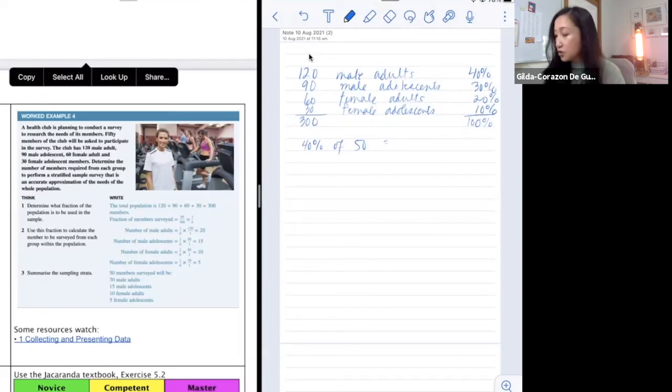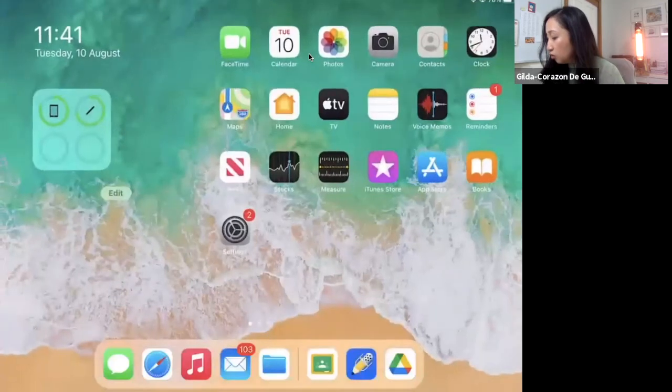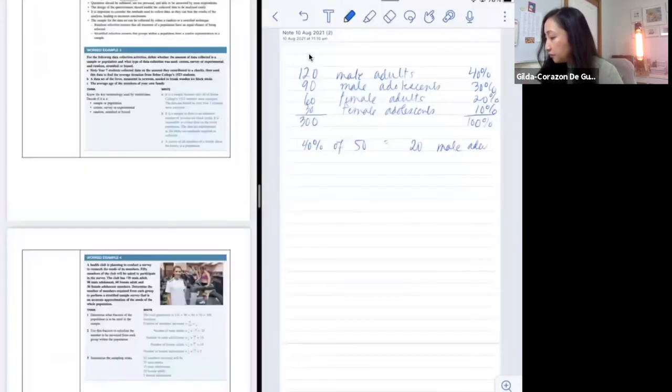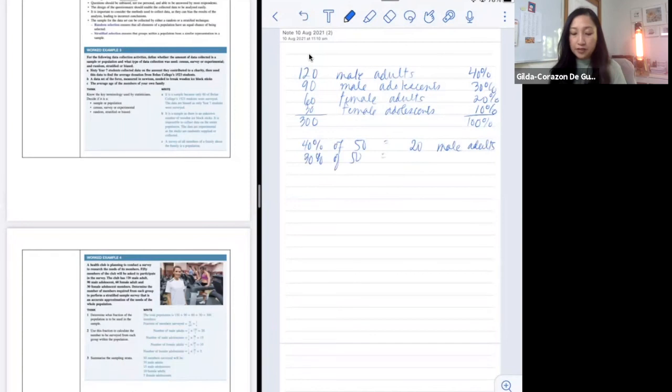That's 20 male adults. And then the next one would be 30% of 50. You go 50 times 0.3, you get 15. Then you want adolescent males here. So you want to get 15 of your respondents coming from the male adolescents.